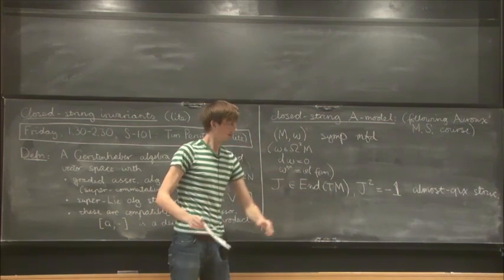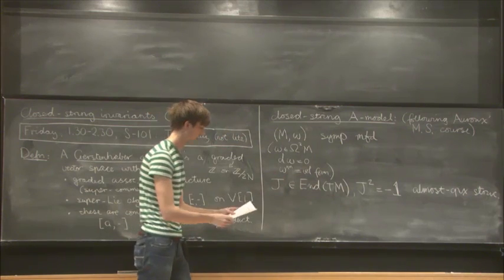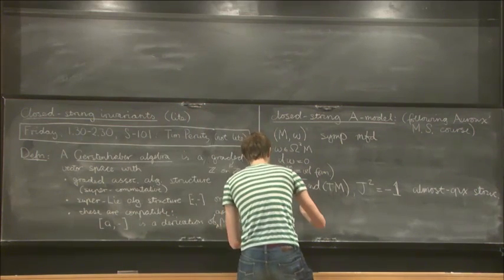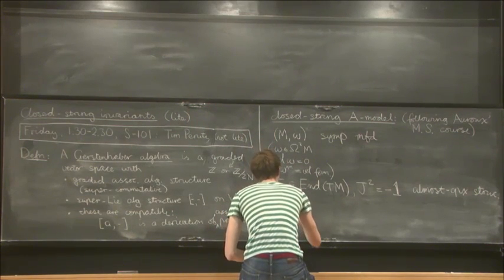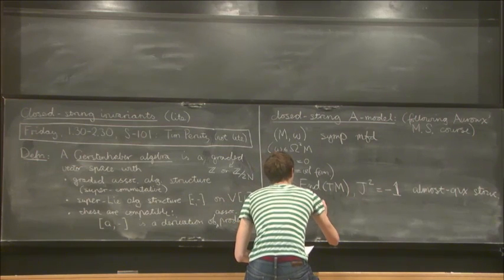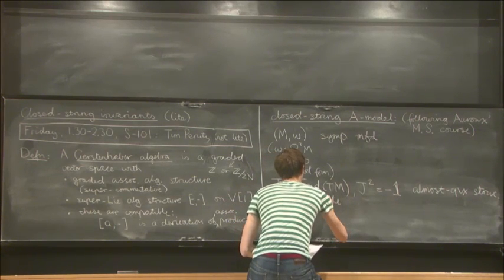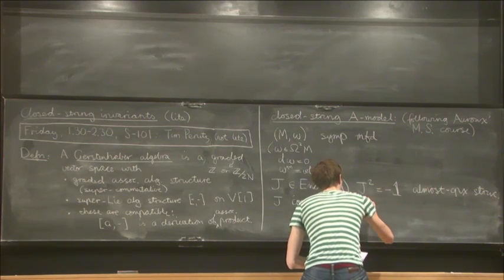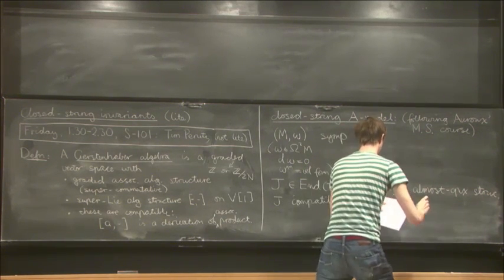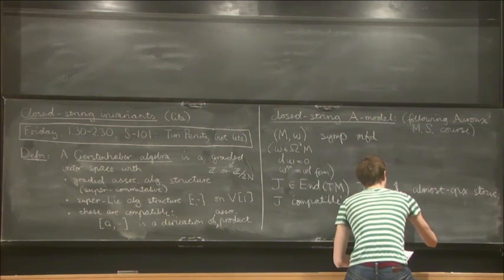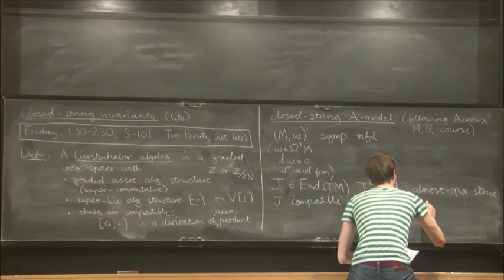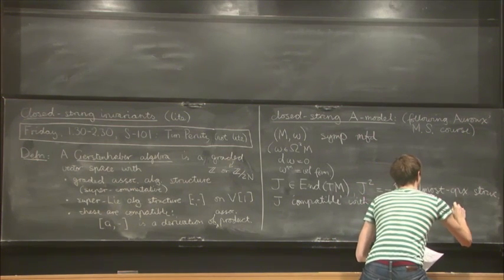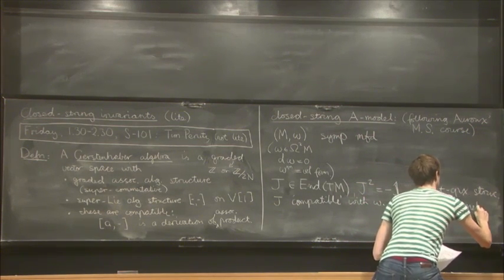It's not integrable, so we don't have local holomorphic coordinates. We say J is compatible with our symplectic form if when we combine them we get a Riemannian metric.